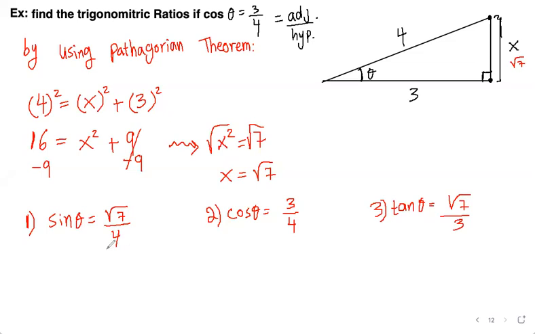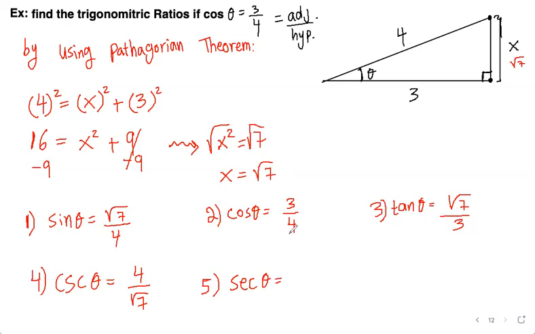Correct. Now we have to take the reciprocal of all this. Number 4, the cosecant, is the reciprocal of the sine: 4 over square root of 7. Number 5, the secant, is the reciprocal of the cosine: 4 over 3.